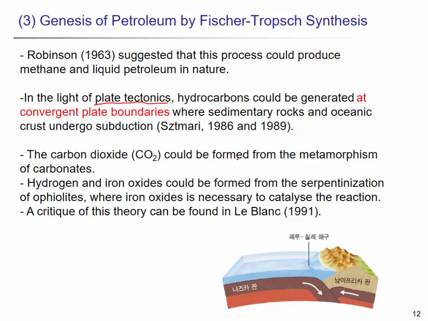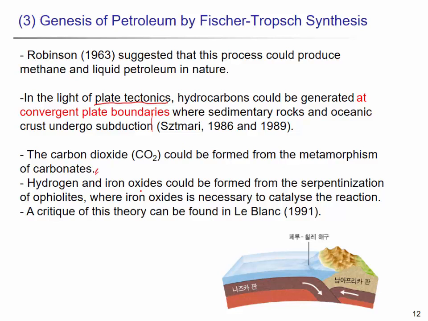Carbon dioxide could be formed from the metamorphism of carbonate. To make this theory strong, you have to explain the origin of the carbon dioxide, right? Where can this carbon dioxide be produced? This carbon dioxide should be supplied to produce the hydrocarbon. And they explain that it can come from some carbonate.